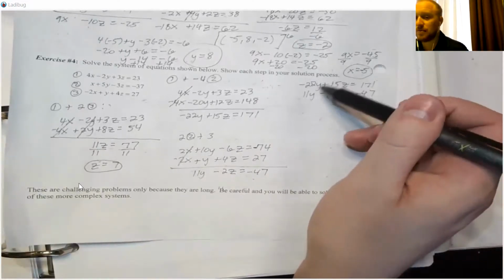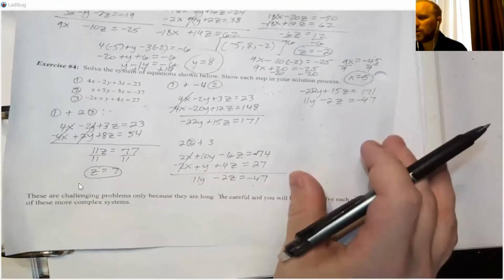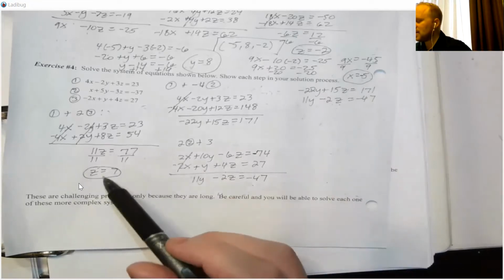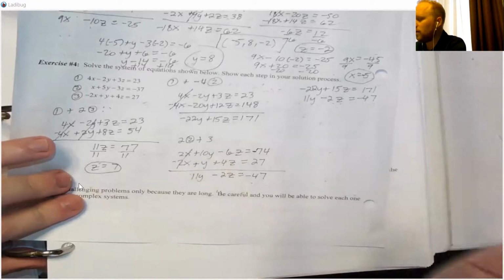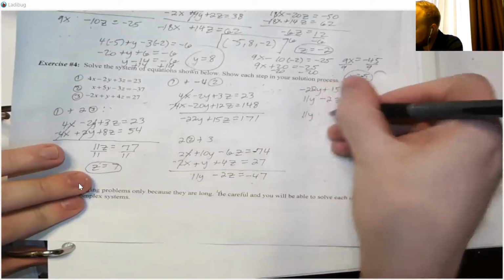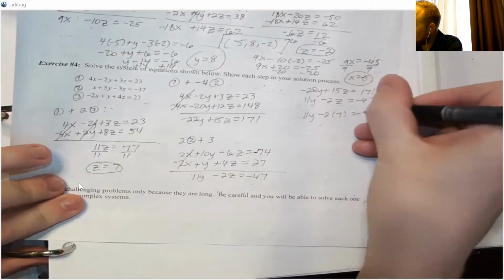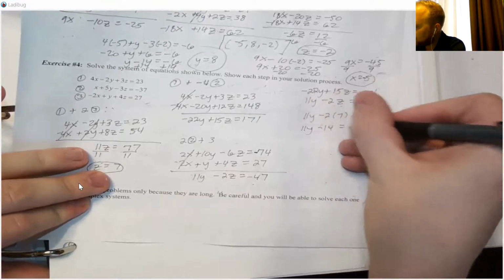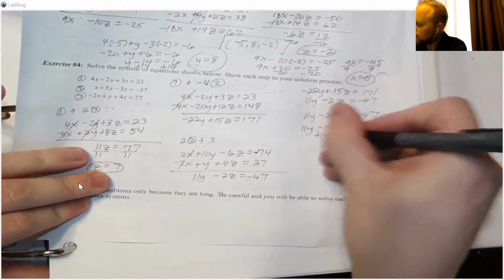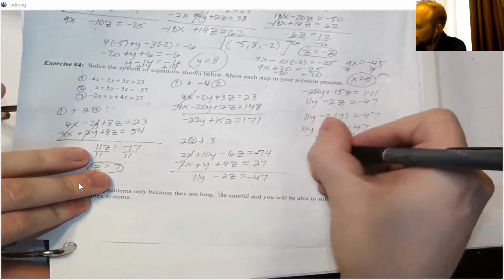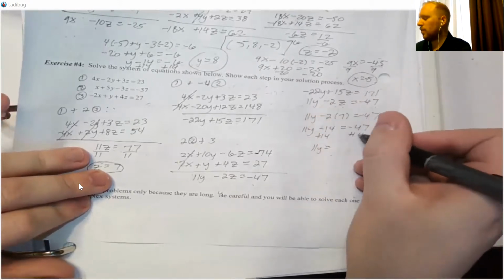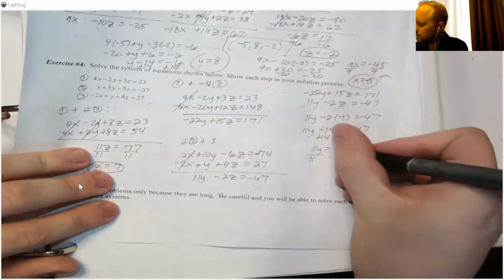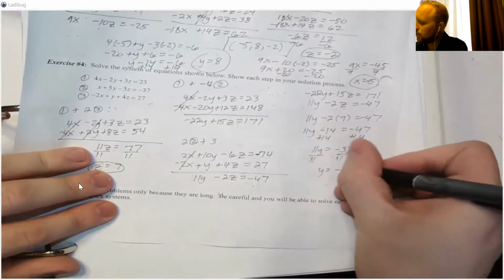This is set up to eliminate the y, and I don't know if I really technically want to eliminate the y there. So what I'll do is take what z is. I mean, z is 7. I'll put it into one of them and it'll solve for y. So I'll take 11y minus 2 times 7 equals -47. Let's just save the time there. Then I'm going to add 14 to both sides. So I got 11y is equal to -47 plus 14 gives me -33. Divide by 11. We got y equals -3.